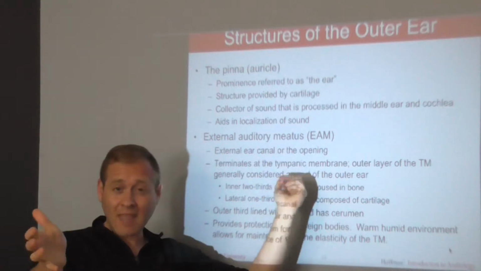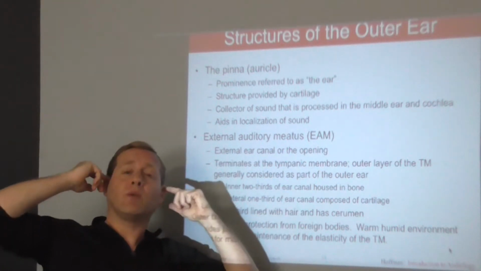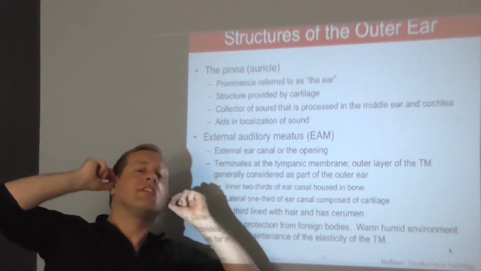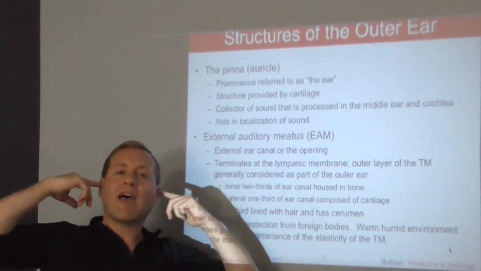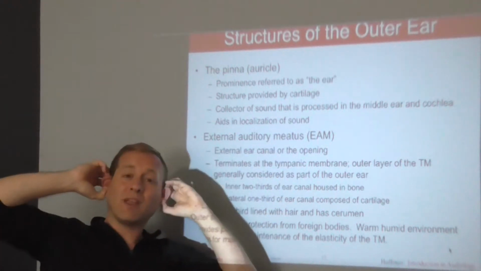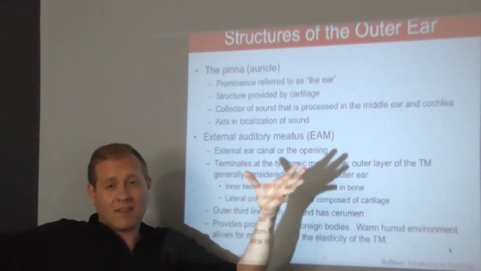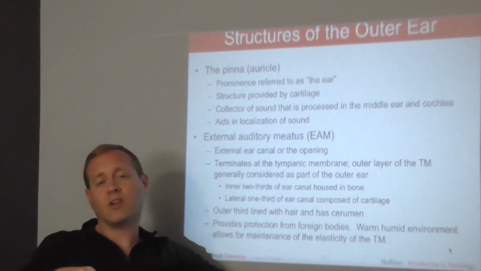Well, how do we collect sound? Well, we use the pinna, and we use the different portions of the pinna. We use the ridges, and we use the valleys of the pinna to collect sound, okay? That's why it's large. Sound is collected, and then it's funneled into the external auditory meatus.